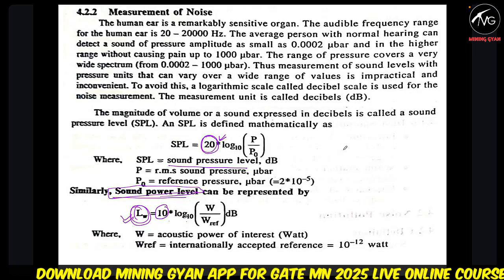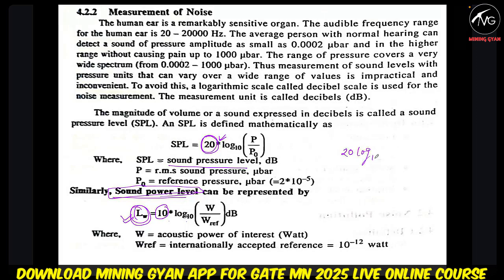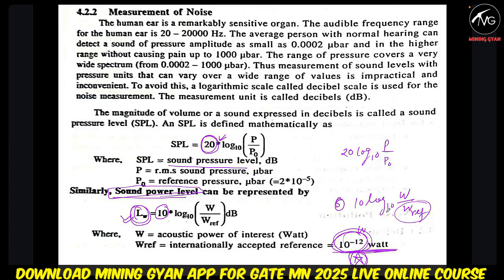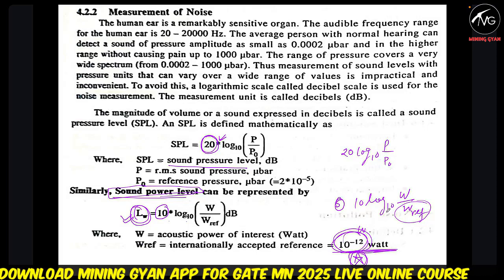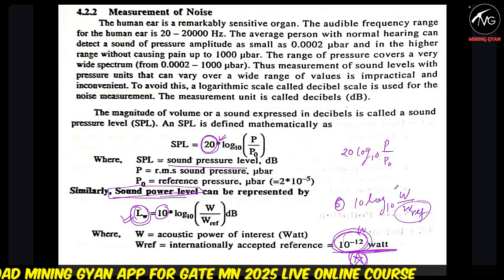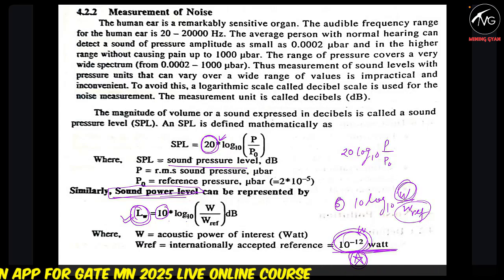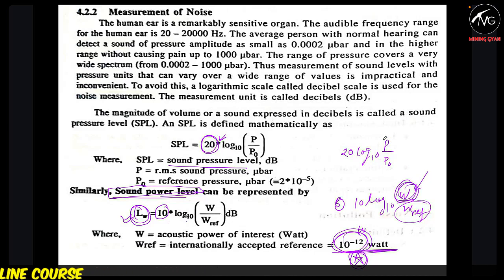Sound power level will be 10 log 10 W by W reference. Here W reference will be 10 to power minus 12 watt. W is the power of interest, and P is the RMS sound pressure.